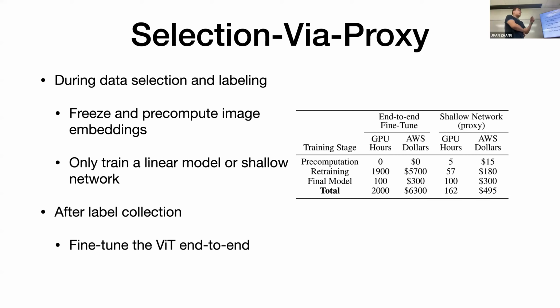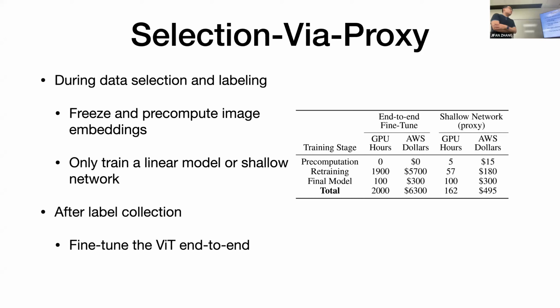And after this adaptive collection, after getting all my budget exhausted, I will fine-tune the vision transformer end-to-end only once. So that basically aligns with the training cost of the original setup. If you just use random sampling plus fine-tuning the model end-to-end once, this is roughly a similar cost.